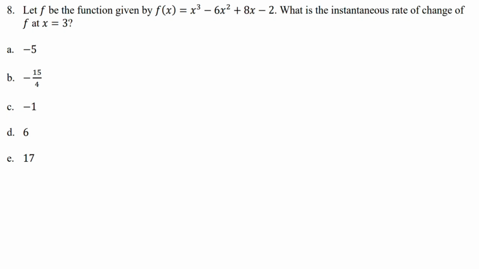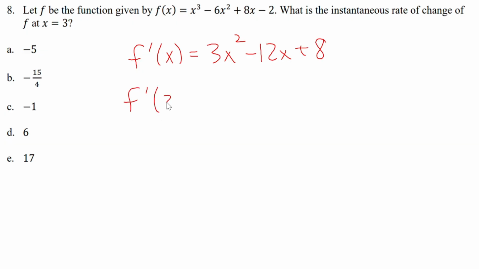And again, here we just want the instantaneous rate of change of f at x equals 3, which means we want the derivative of this function at x equals 3. So we'll take our derivative using the power rule, right? F prime of x should be 3x squared minus 12x plus 8. And then from there, we'll just evaluate it at 3, right? Because instantaneous rate of change is just the slope of the tangent line.